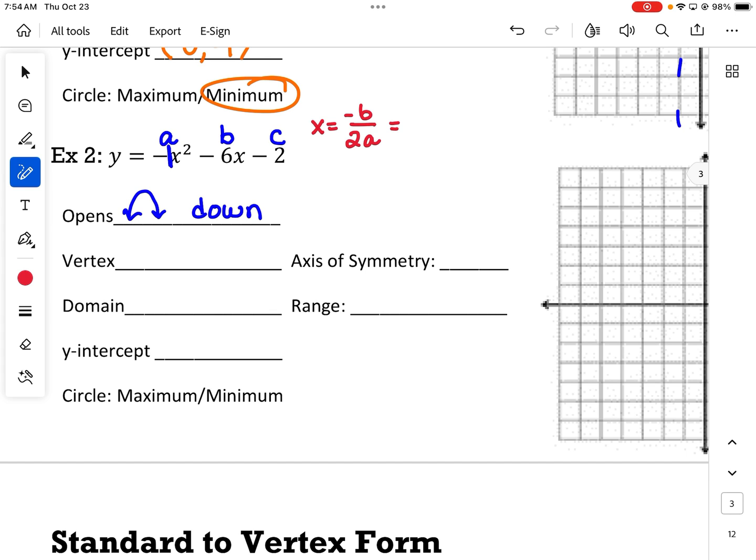So it'd be like -6, which is just +6, over 2 times -1. Use your calculator to find out what that is. Don't say it out loud. Just write it down.